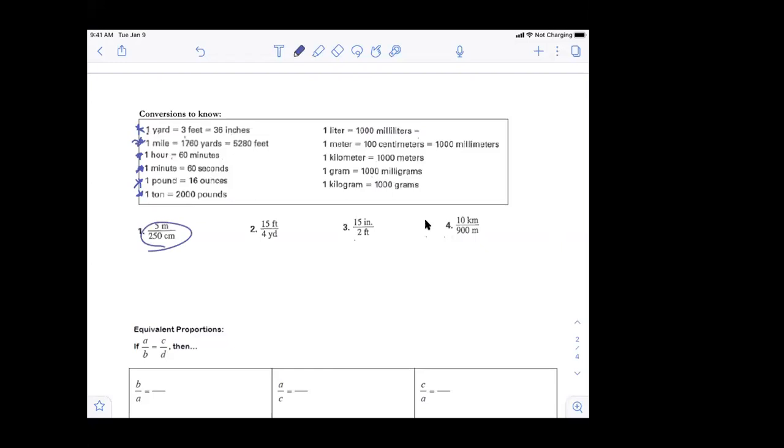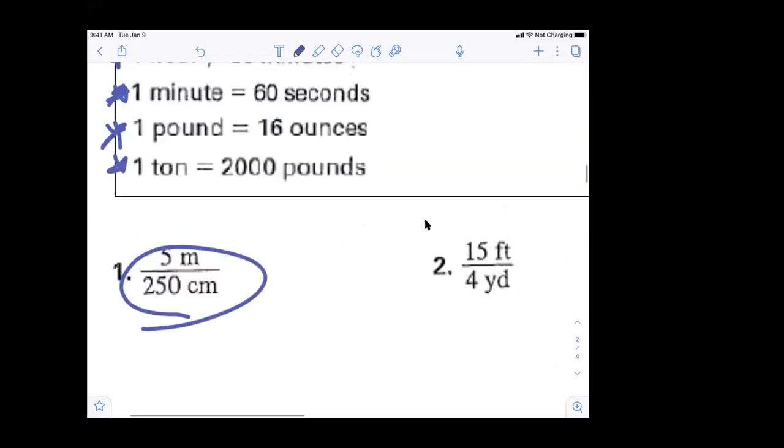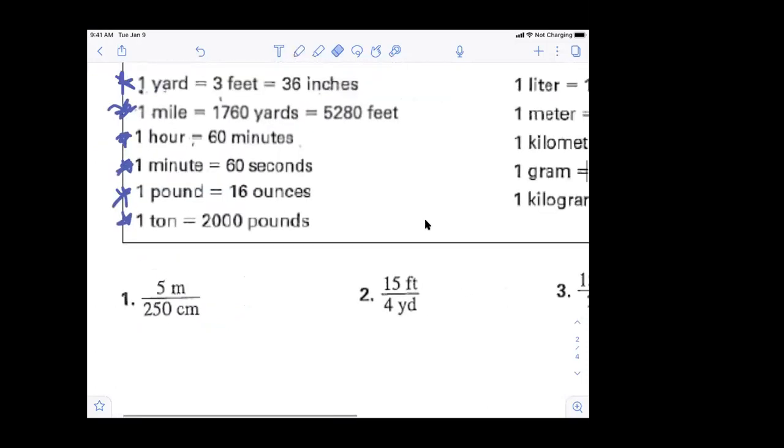Those are 2 different units, and I need them to both be 1 unit in order for this to make sense. So we have to get rid of both of the labels. If you remember, on the front it said no labels, and these should go in very evenly with each other. They should just cross the labels out when we multiply to get them to be the same ratio, if that makes sense. So let's do this first example.